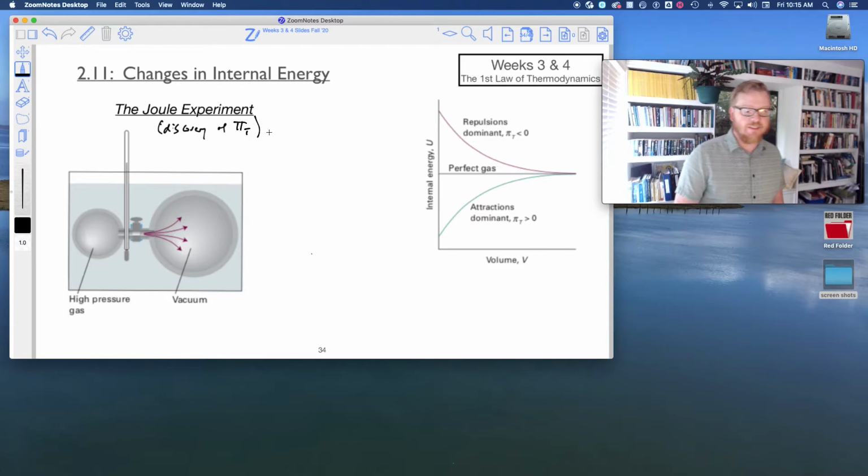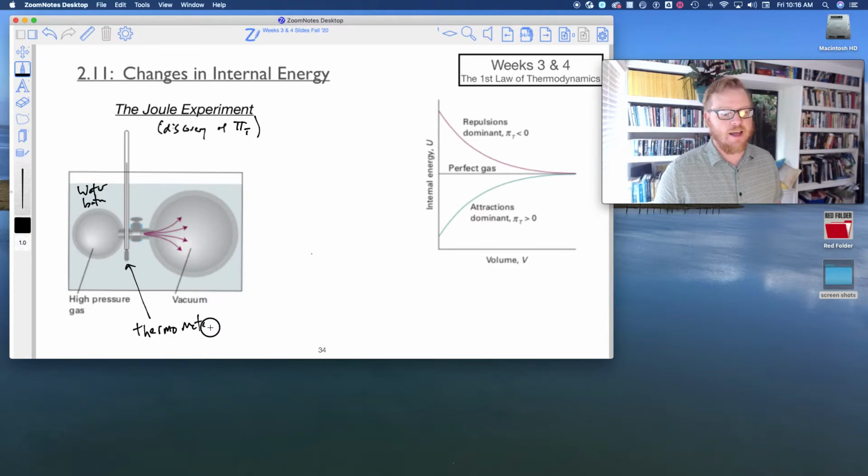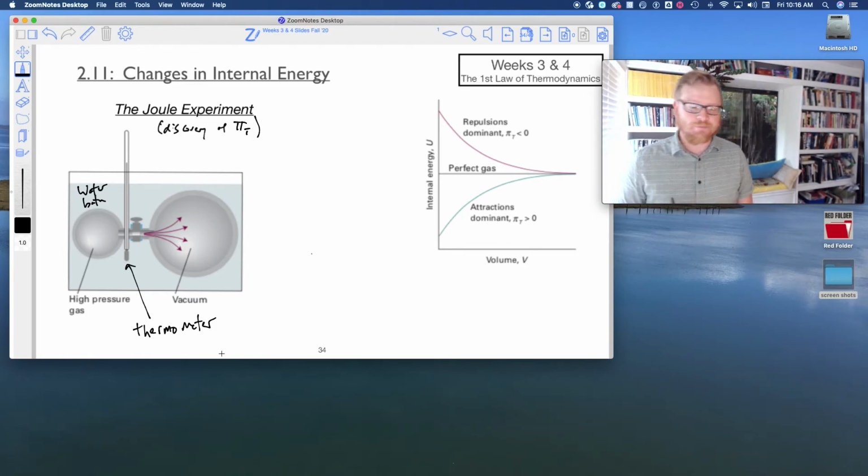What Joule did in this experiment, he had high pressure gas on one side and vacuum on the other side, surrounded by a giant water bath in which he had a thermometer. Yes, I did say a thermometer, the requisite instrumentation for measuring thermos.